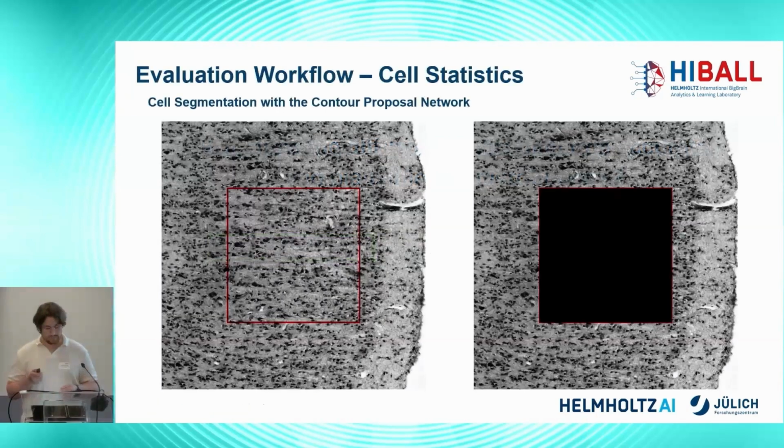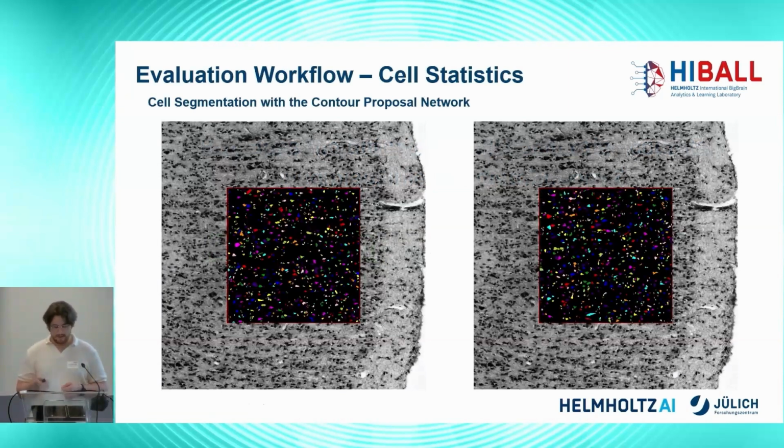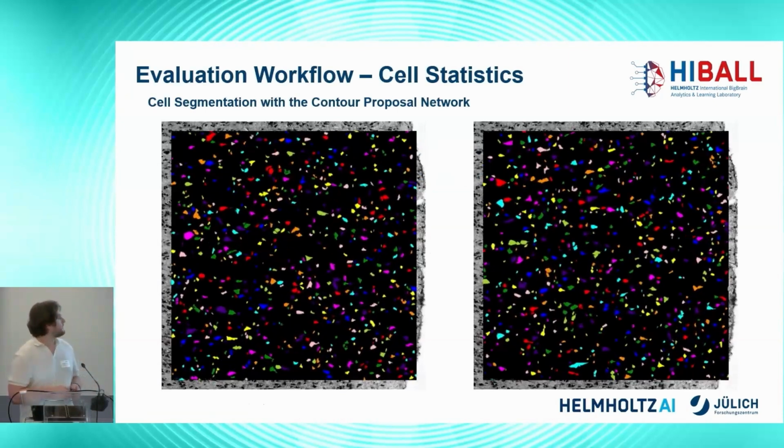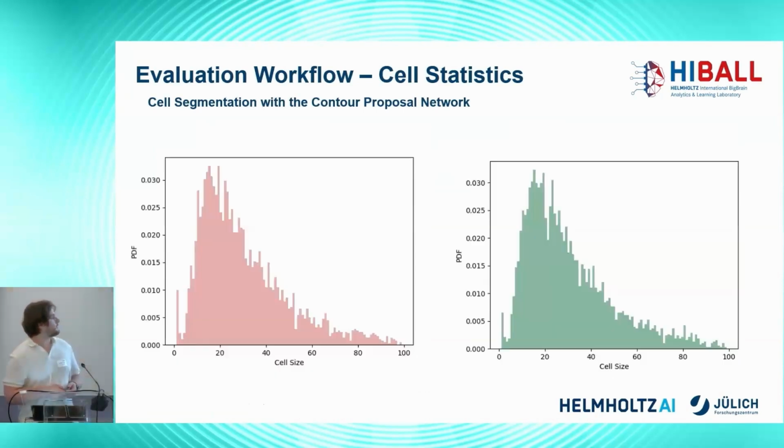The evaluation workflow is quite simple. We take an image patch that's completely known as a ground truth. We remove a part of the image and then repaint it again. Then, using the CPN, which Eric will talk about later today in a few talks, we can segment the cells in this image patch and then, for example, compute the cell density in this patch or get the distribution of cell size.